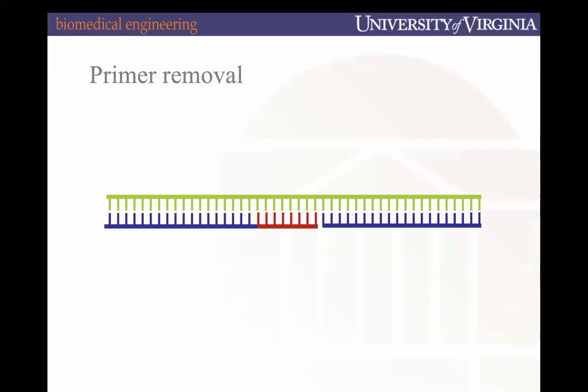What it's looking for are gaps in the phosphate backbone of our DNA, and it helps create phosphodiester bonds, bonds between phosphate groups, that fill those gaps. Yeah, it looks for gaps in our DNA backbone and works to fill those gaps. Thank you for that question.